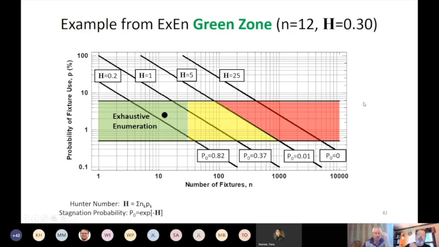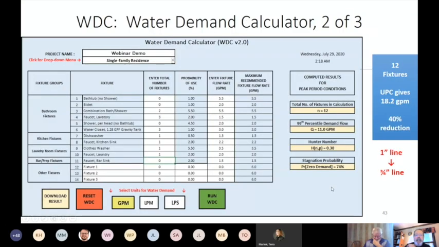here's a case where we'll go with the green zone, where we're down with exhaustive enumeration. We've got a case with 12 fixtures in a house. The Hunter number is about 0.3. When we put it in, we find, maybe I've got 2 combination baths, I've got 3 faucets, I've got 12 fixtures.